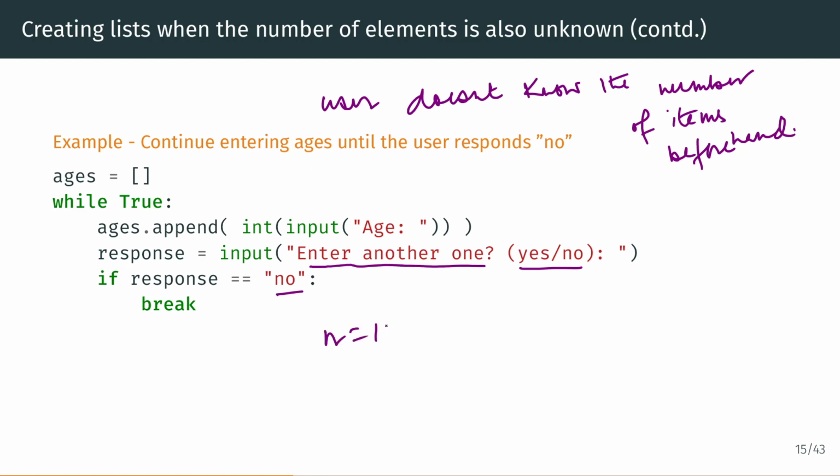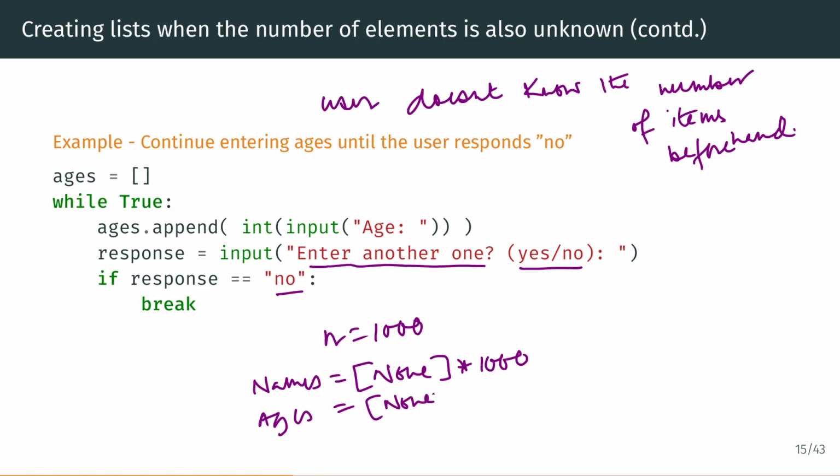So you create a list like so: names equals none times 1000, that is, you create an empty list. And then ages equals none times 1000. So you create these two lists, and then you keep entering the data here.